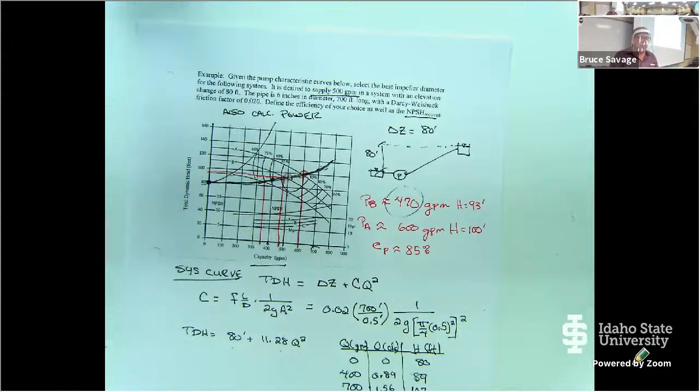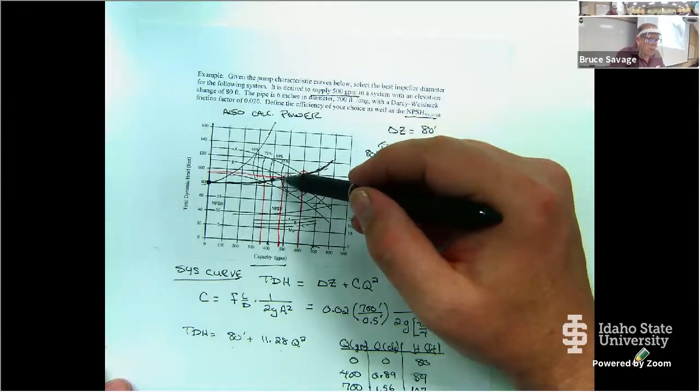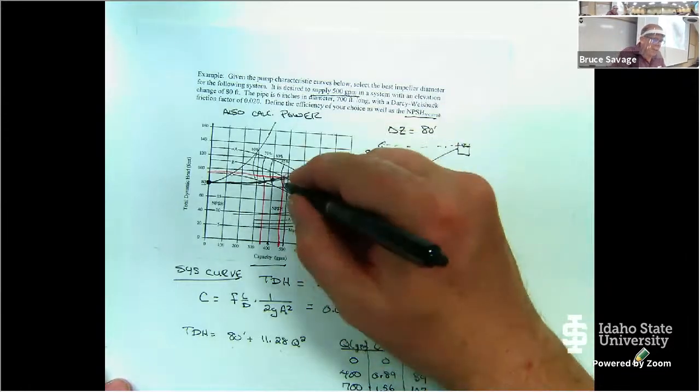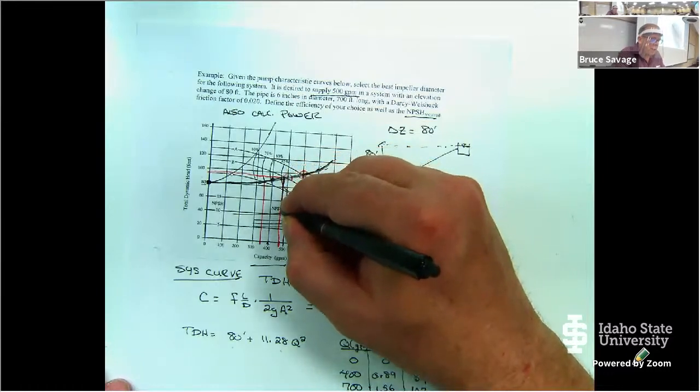Okay. So coming back to our problem statement, we defined which pump we want to use. Now what we need to do is find the net positive suction head required, NPSH. And we've got the graph down here. We would follow that graph down, depending upon where your system curve and your pump curve intersected.